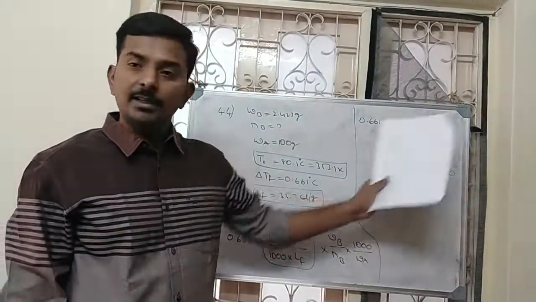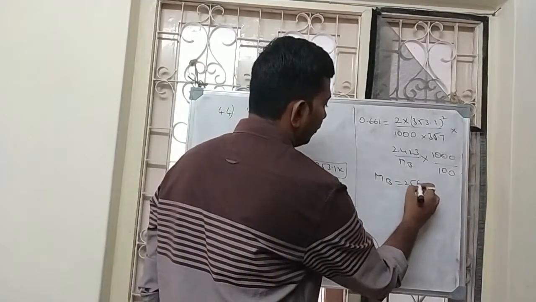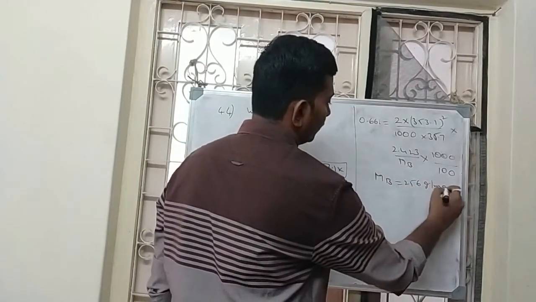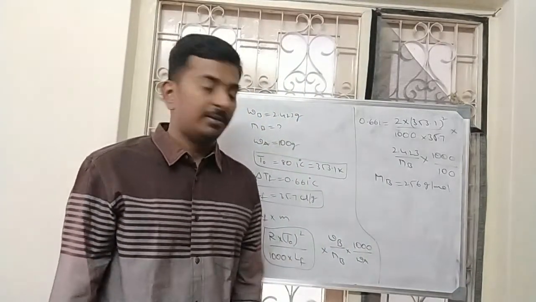If you simplify this, we will get the molar mass of the solute as 256 gram per mole. This will be the molar mass of the solute, that is sulfur.